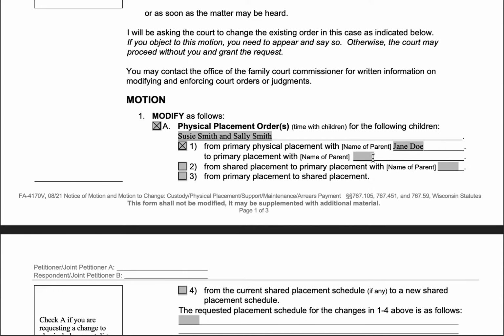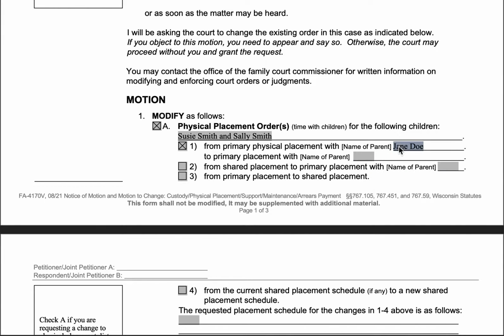Again, even if the child is now living with John, if the order says primary placement with Jane, we're going to say from primary placement with Jane to primary placement with, and this is where we put the name of the parent who, in our new order that we're asking for, we want to have placement. So just like that. And yeah, so this is saying going from the children living with one parent to living with the other.